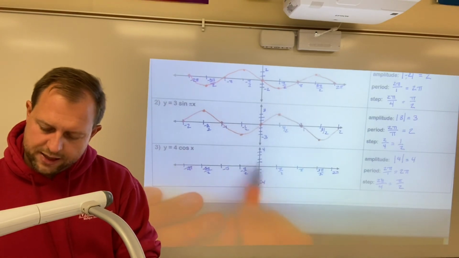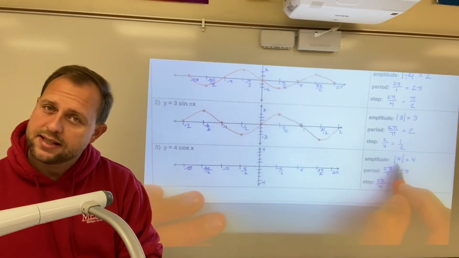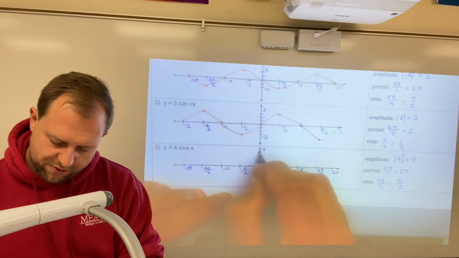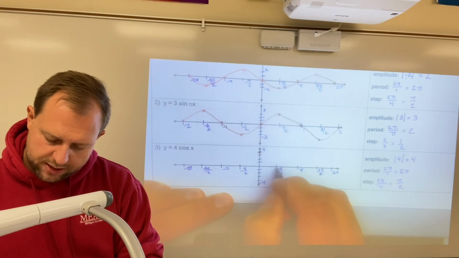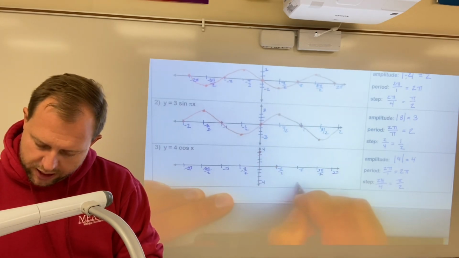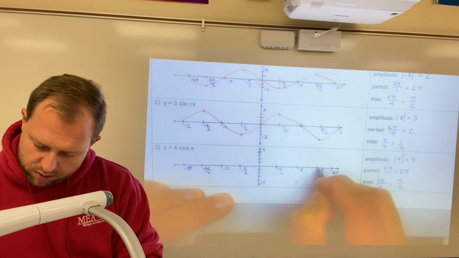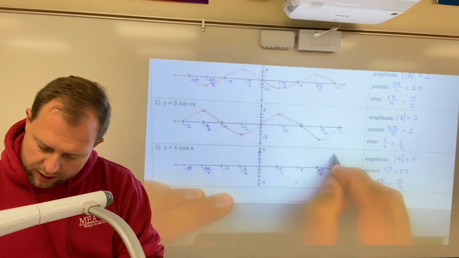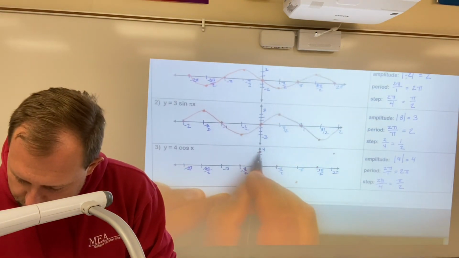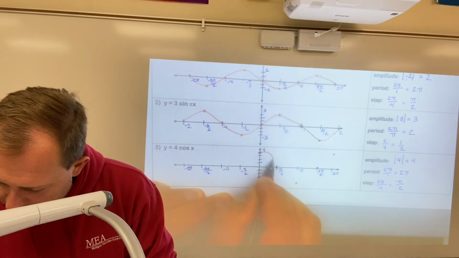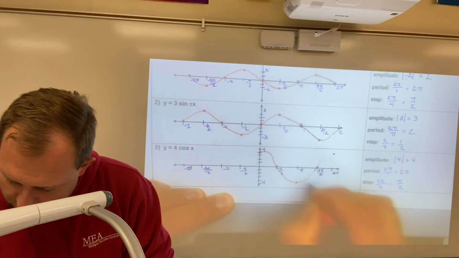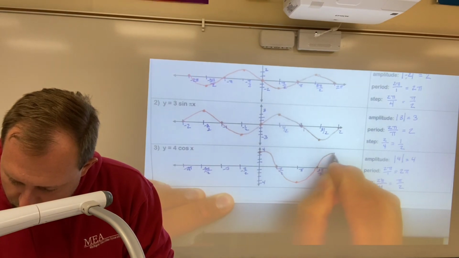Cosine starts at the top or the bottom depending on the sign on A. So in this case, it was a +4. We're starting at +4. And we come back down to the middle because there's no place else to go but down to the middle, and then bottom out at -4, back, and remember, this is a curve coming out, heading down, coming around, heading up, and curving around.